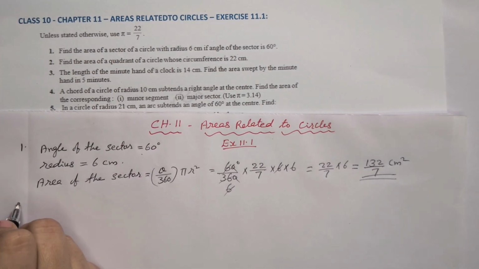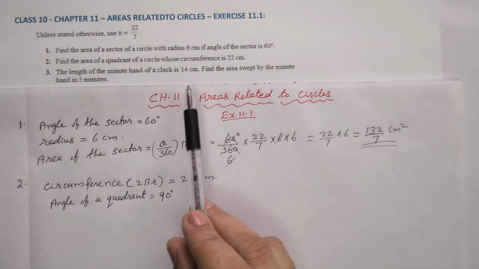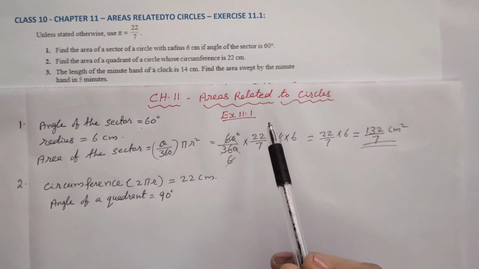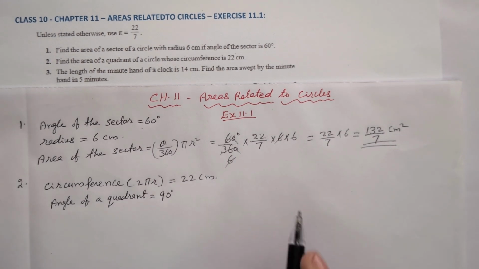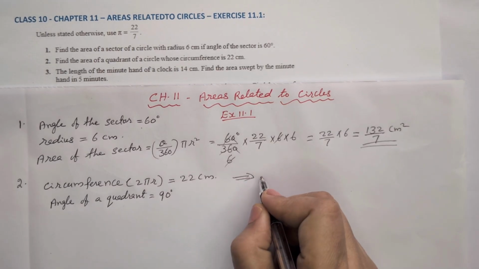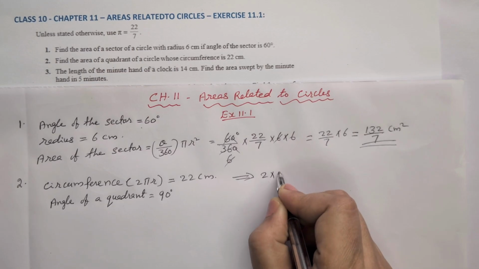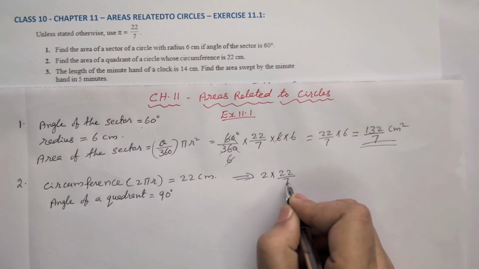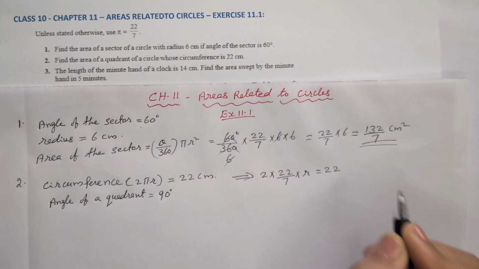Now the second question. Find the area of a quadrant of a circle whose circumference is 22 centimeter. Circumference, we know, is 2 pi r, equal to 22 centimeter. From that we can find the radius. 2 into the value of pi, that is 22 by 7, into r is equal to 22 centimeter.